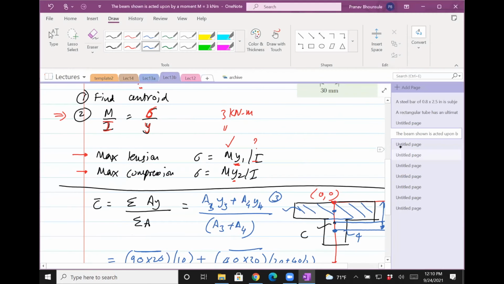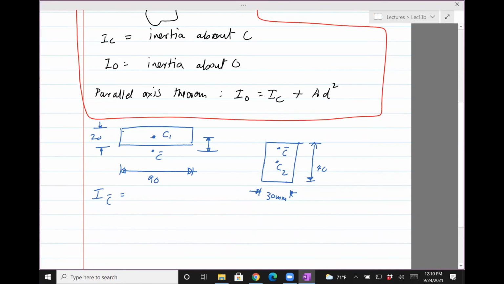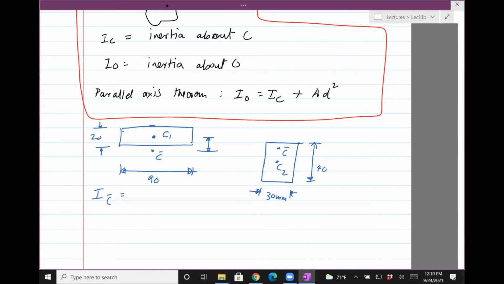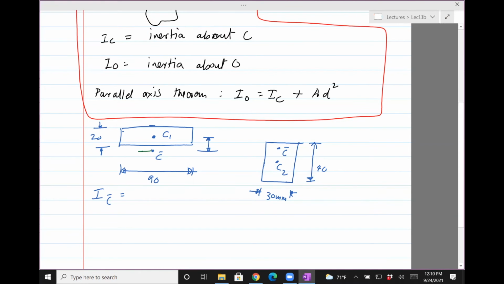That's all I need. So this was 22 millimeters from the top, which means this distance between C bar and C1 is going to be, I think, 2 plus 10. Right? I think this is 12.